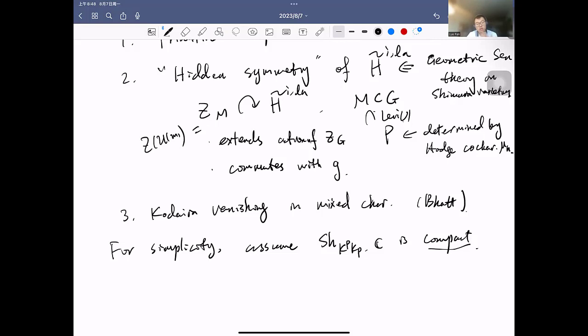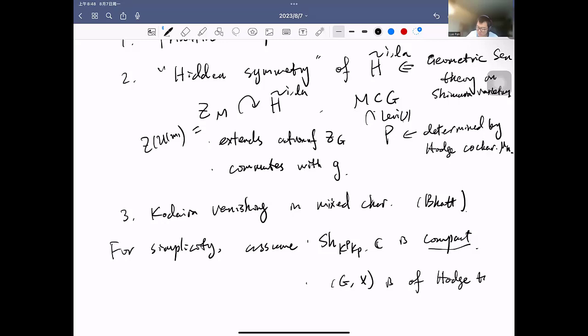In general, if it's not compact, you work with toroidal compactification. Let me ignore this here, but you can do that. And also, let me assume this is of Hodge type.